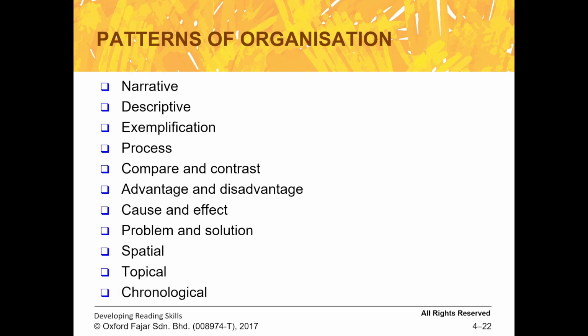So these are some of the patterns that we have for a reading passage organization. So most of the reading passages that we have will be organized in this particular form. So we look at each pattern of organization.